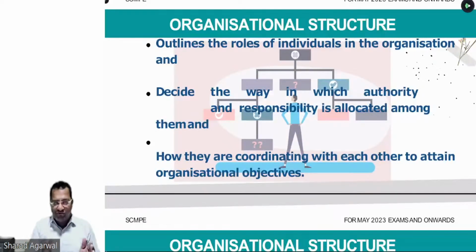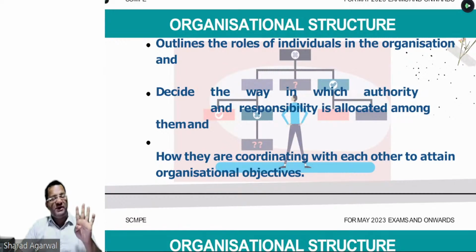So what is organizational structure? It outlines the role of the departmental manager in the organization, what authority they have gained from the strategic level of management, and whether the decisions they take are in the best interest of the organization. So this concept of organizational structure will communicate that.